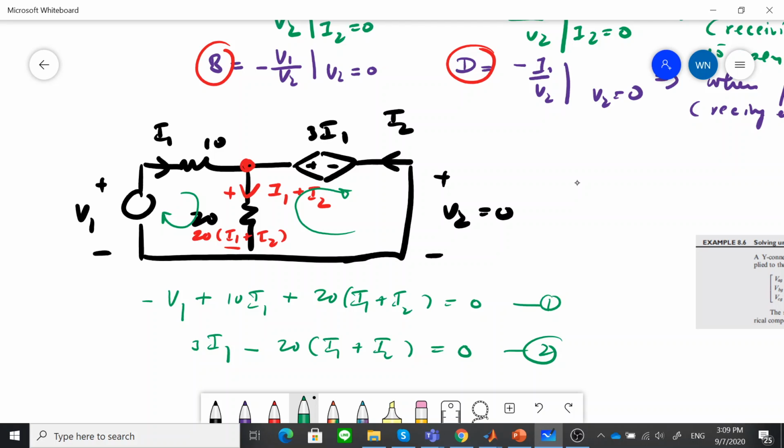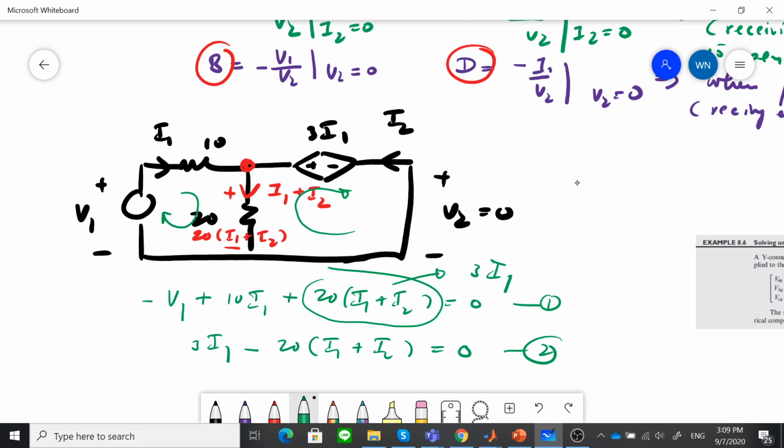It would be a nice idea, if you want to find B, to eliminate this term, 20 times (I1 plus I2), because you know from the second equation that this term would be equal to 3 times I1, right? Now in this case, you could rearrange the equation a little.